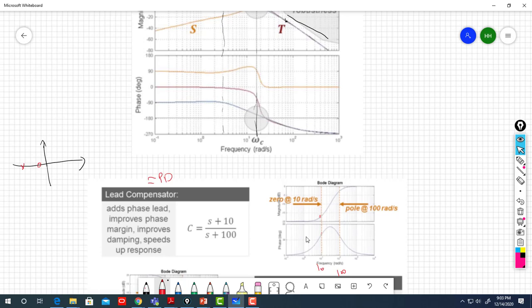So now you need to add to your plant a shape like this, which means you increase the phase in this way. Otherwise it is 0, but in between the zero and pole, it's 90-degree phase in this case. So this is a lead compensator.